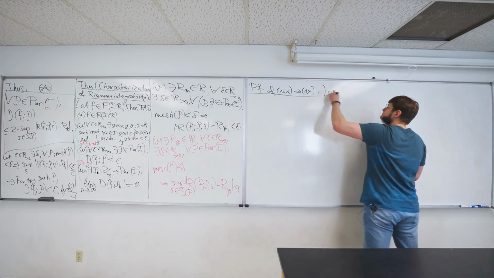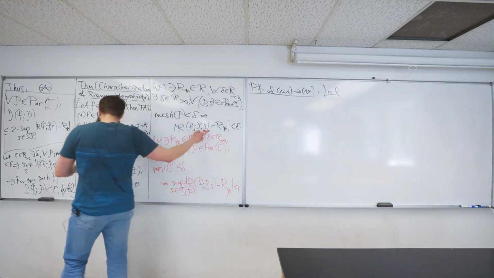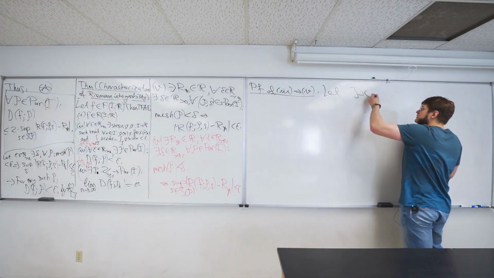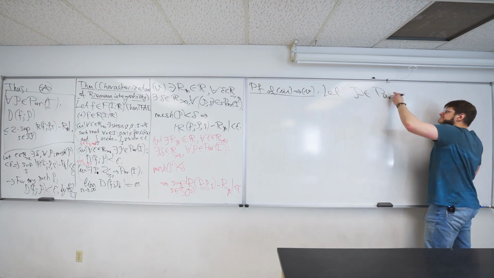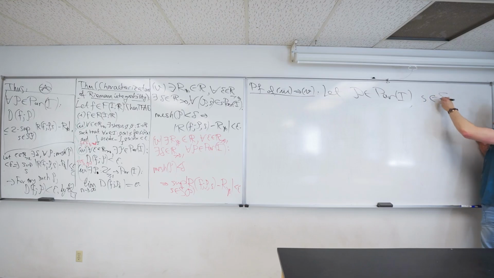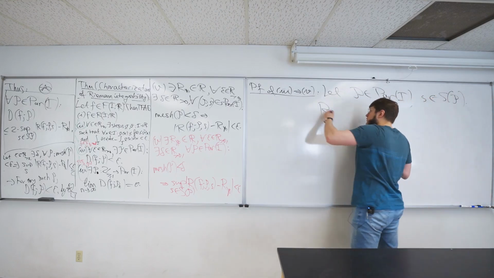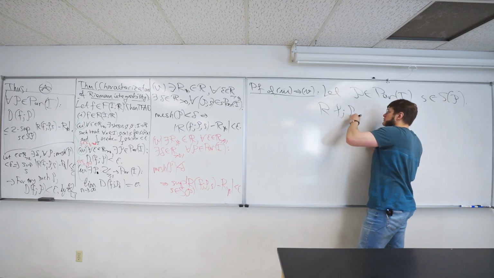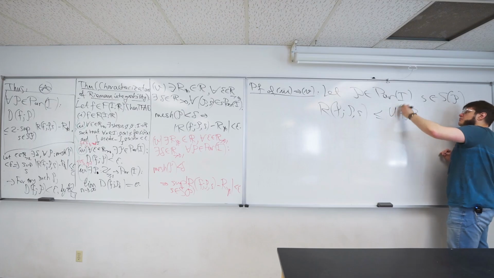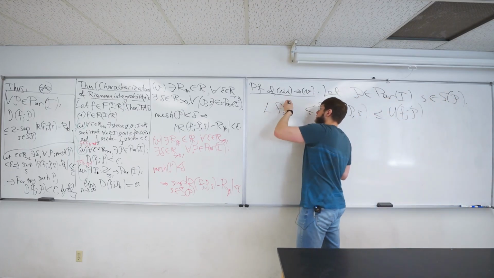So let's start like this. First, I'm trying to establish some relationship between these two. Okay? Let P be a partition and S be a sampling function. This is upper bounded by this, and it is lower bounded by this other thing.